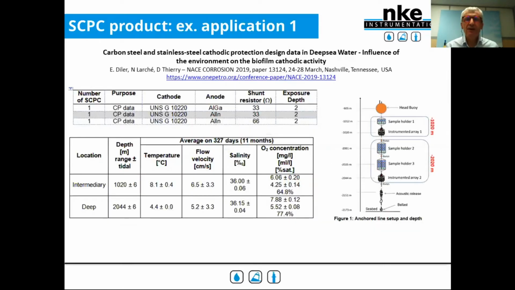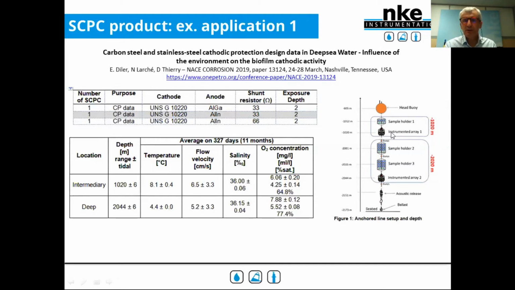So thanks to collaboration of Institut de la Corrosion, I can show to you some results which were presented last year in a big conference in the US. They deployed on the mooring line several samples of SCPC. The first batch of samples was placed at 1,000 meter depth and the second batch at 2,000 meter depth.